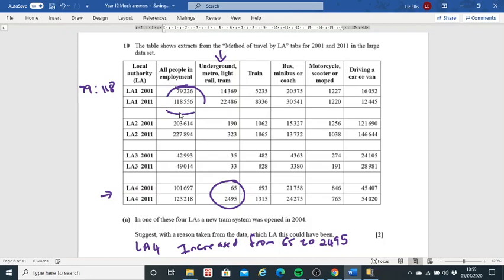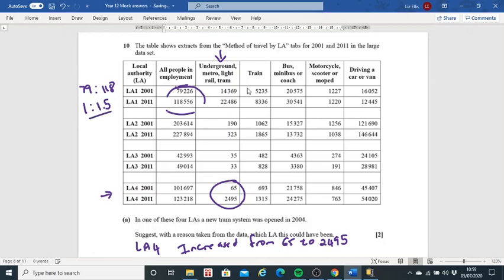I don't think it'll simplify actually. No, it doesn't. So 118 divided by 79 tells me the ratio is roughly 1:1.5. That's roughly the ratio.